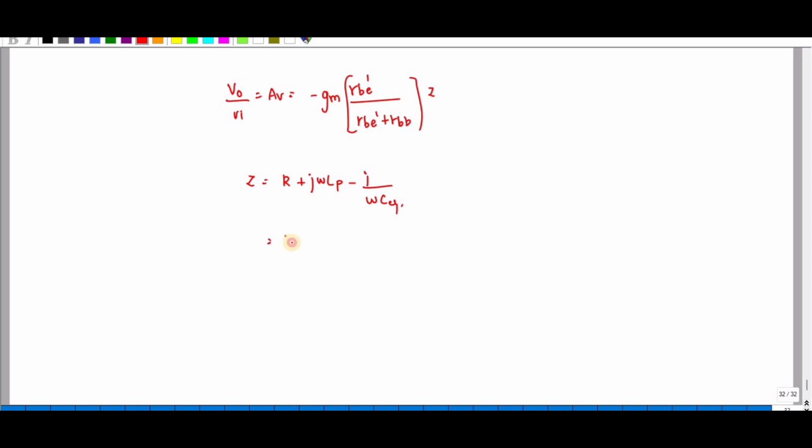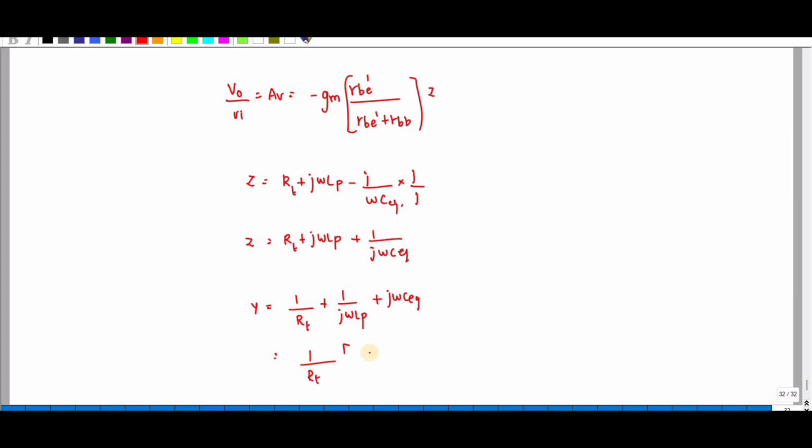So I can write this as RT plus J omega LP, multiplying both terms by J and J, I will get 1 plus J omega C equivalent. This is your Z. So what is Y now? Y is nothing but 1 by RT plus J omega LP plus J omega C equivalent. Okay, this is RT, right? So now you take RT common.